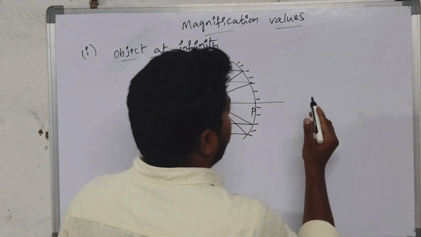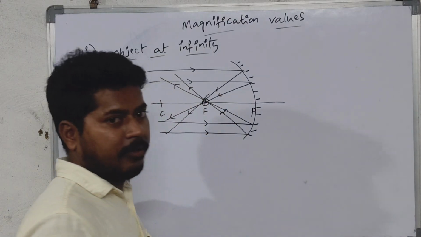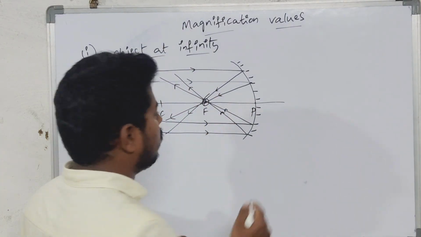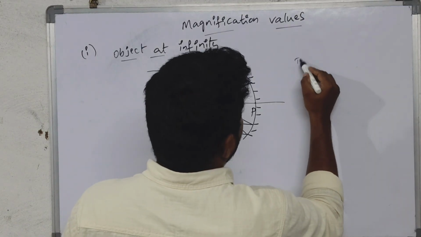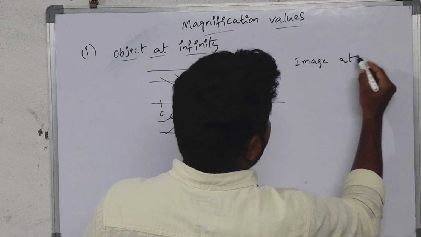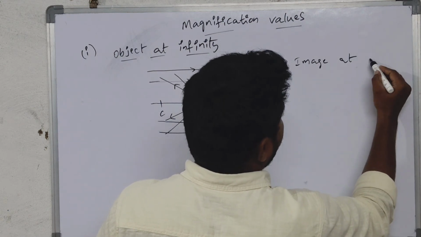So now we have to write the nature of the image. All these things we discussed in previous classes. Image at infinity, focus. Image at focus.